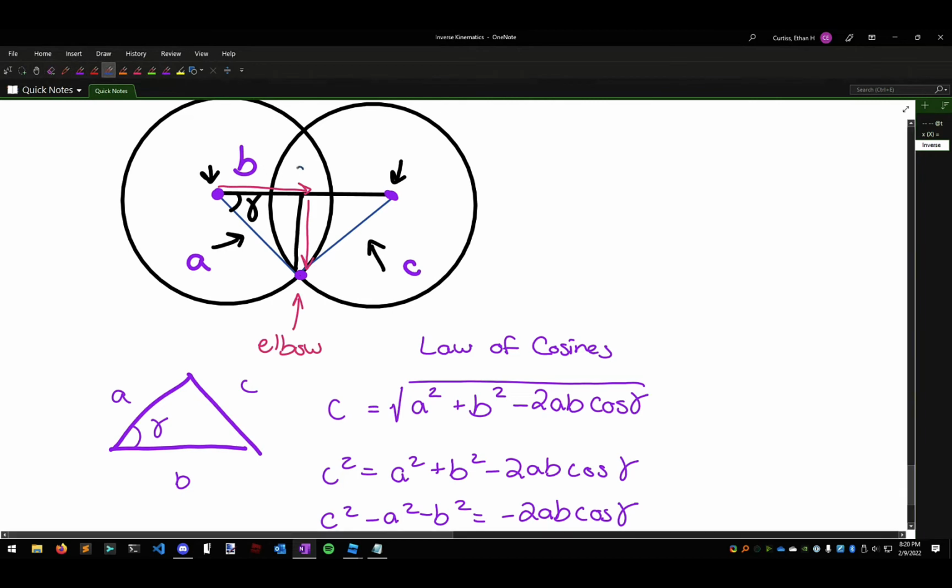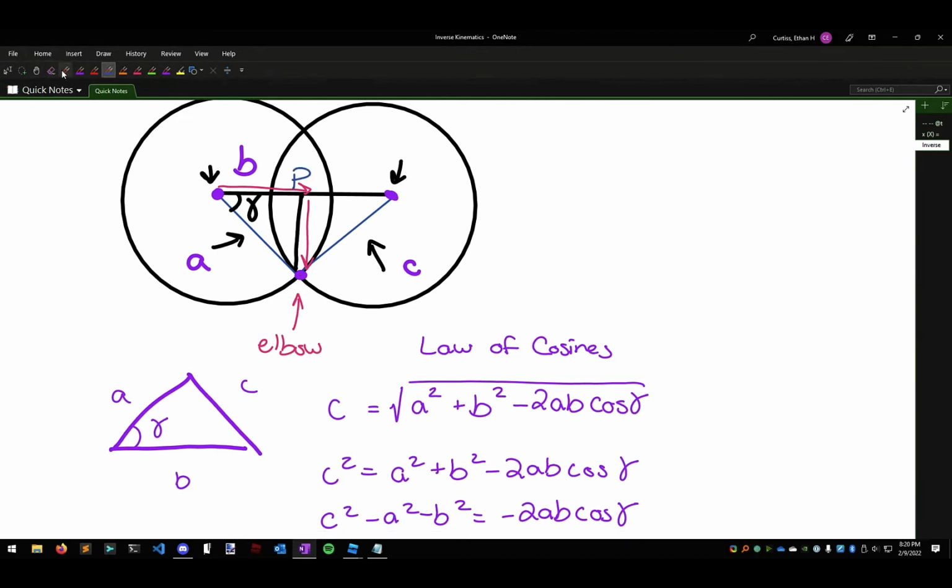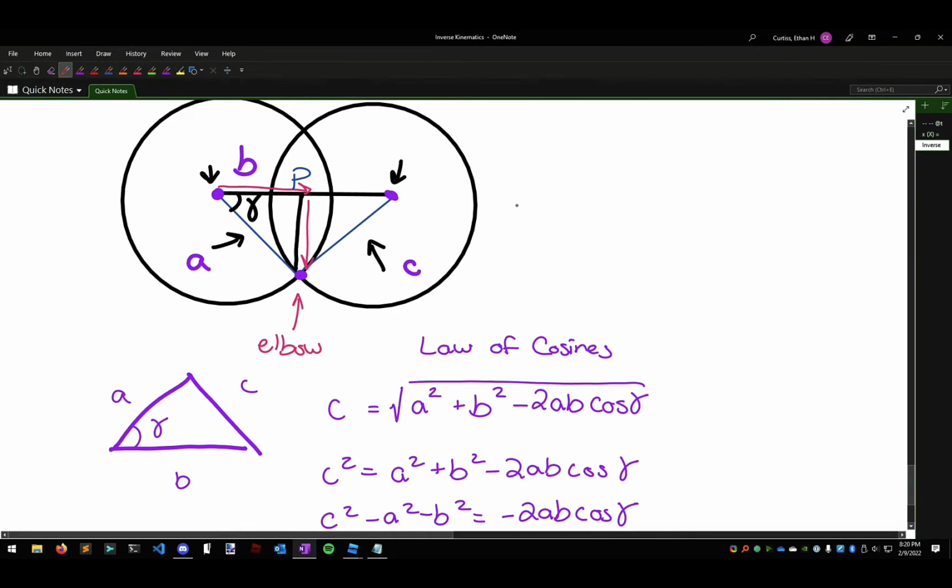We can call it, no, we already have C. Sure, we can use P. So we're going to start the elbow. Oh, I meant, I guess it's the shoulder, unless you want that to be the origin. Maybe that's convenient anyway. Why not, right? Oh, yeah, I'll go with shoulder. Right, so we're going to start at the shoulder, and it's going to be.